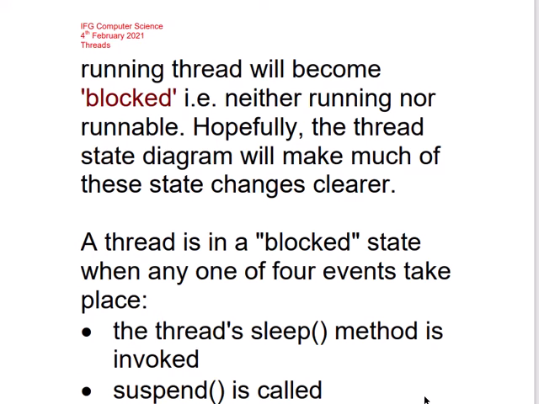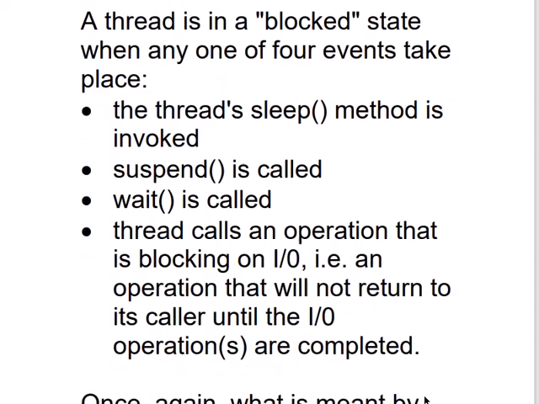And hopefully the thread state diagram that I've shown you above will make much of these state changes clear. A thread is in a blocked state when any one of the four following events takes place. The thread's sleep method is invoked, specifying a period of time when it's not to run, but it's just waiting, sleeping in its comfortable bed until it's woken up.